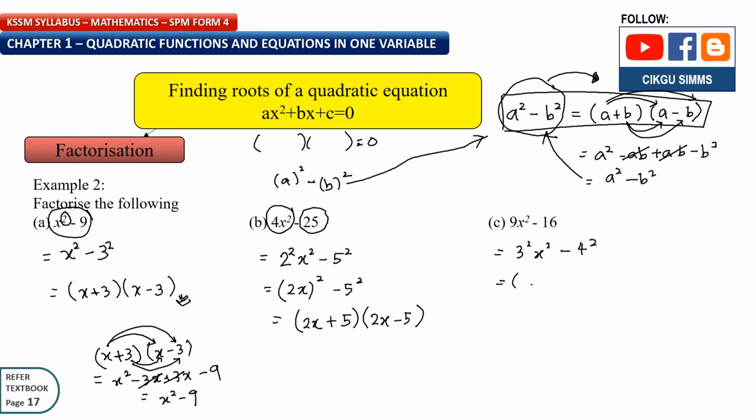And then (3x) squared minus 4 squared. This is your a, and this is your b. So a squared minus b squared, you can make it (a plus b)(a minus b). Okay, so this is your factorization.